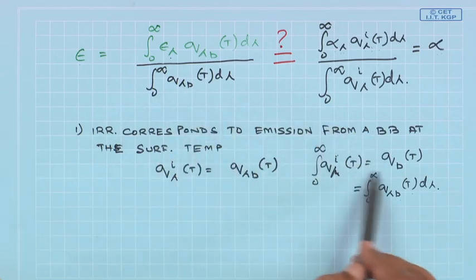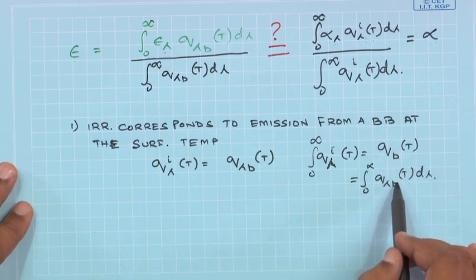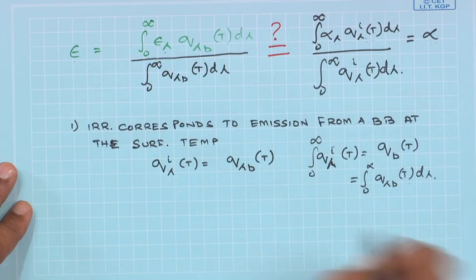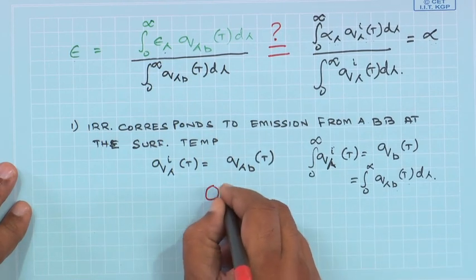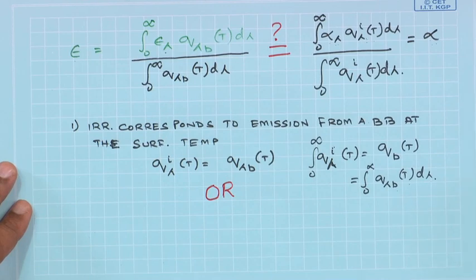So, if this is the condition, even though it is a very restrictive condition, then alpha is going to be equal to epsilon. This is a major statement.